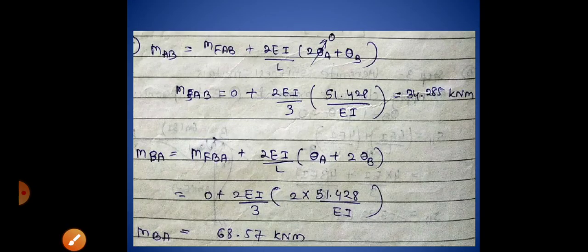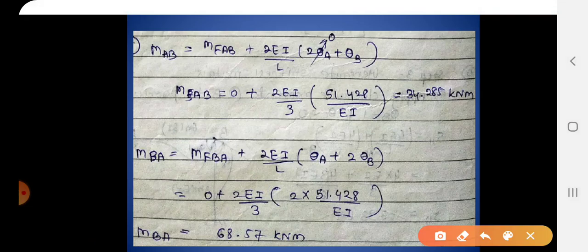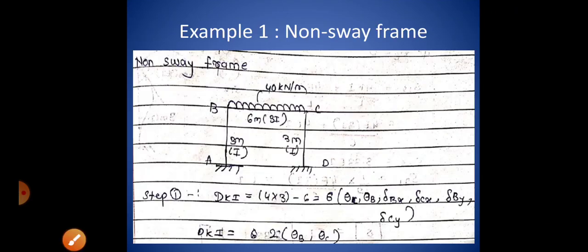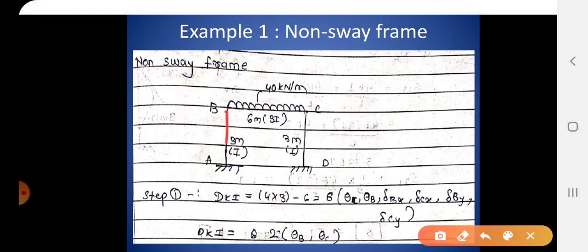Then the final moments. To get the final moments, we have to see carefully the support conditions in your loading diagram. For part AB, A is fixed support, B is continuous support. For BC, continuous support. For CD, continuous support, fixed support.